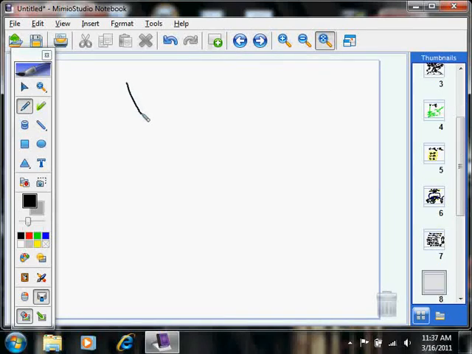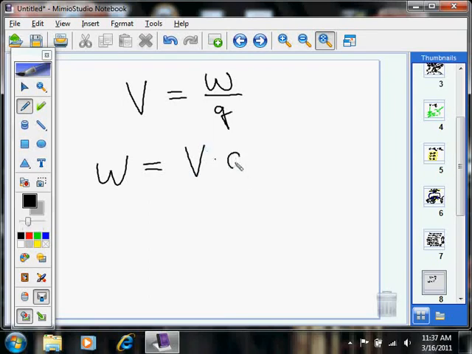Well, once we know the voltage, we know how much work it takes to move any quantity of charge. If I rearrange this formula for W, what does W equal in terms of the other two variables? Samantha. And basically, this particular battery is how many volts, Bradley? 1.5 volts.